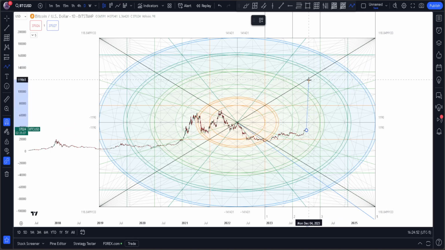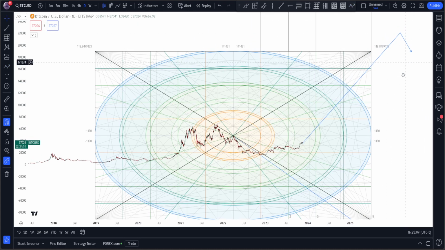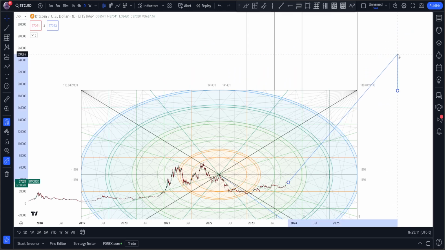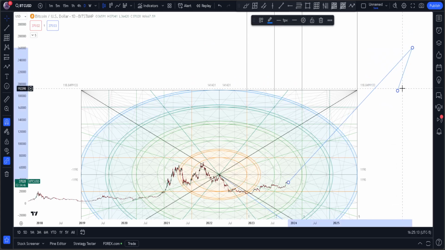It's not going to just parabolically get there, which just means higher targets for Bitcoin. Very likely that we see this 2022 box get violated to the upside, and it could take some time to get there, which just leans the targets that much higher. The longer it takes to get there, the higher the targets.